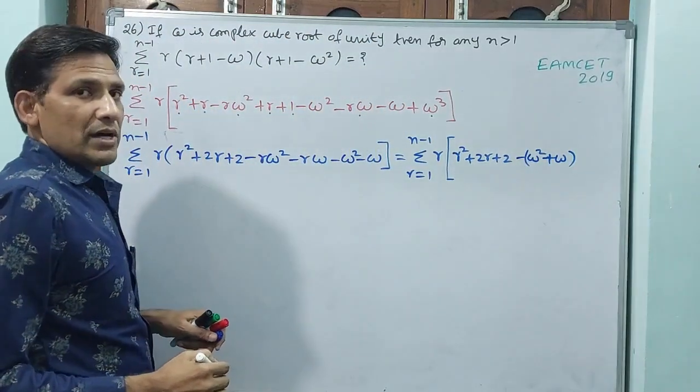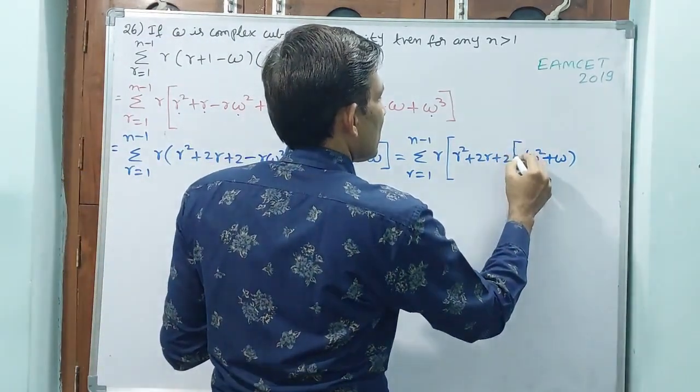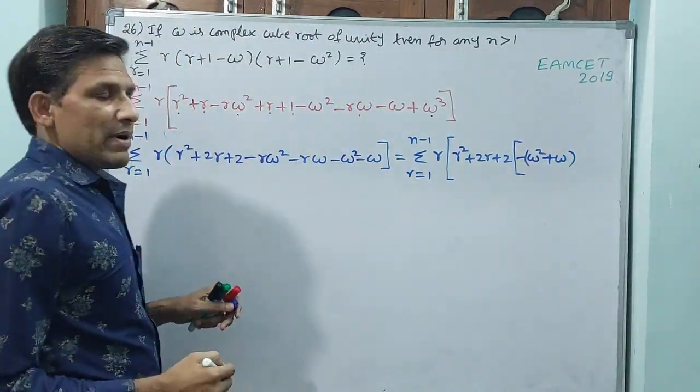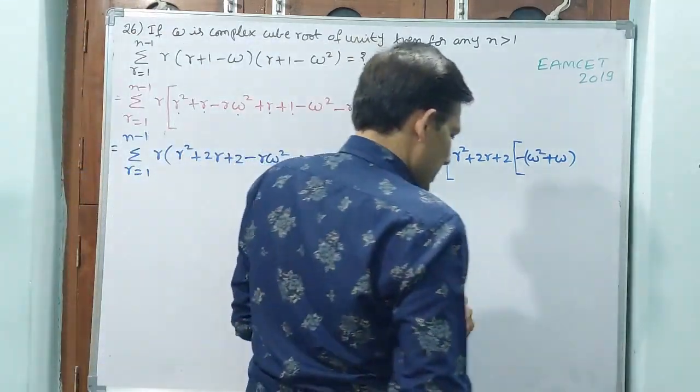Is it okay? I have taken common minus omega square omega. That means minus r will be there, or else I will take minus r common.